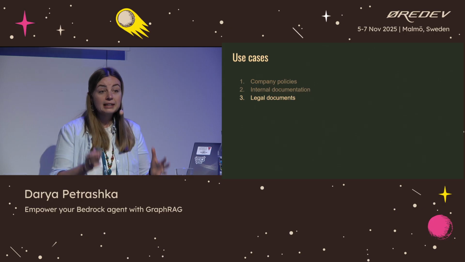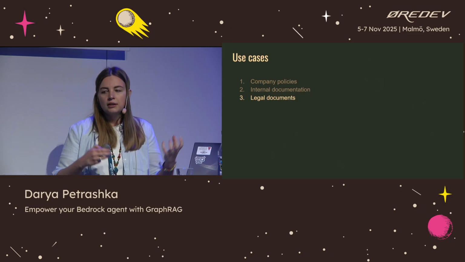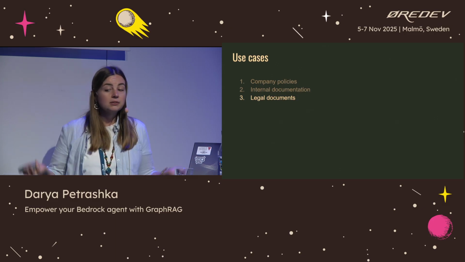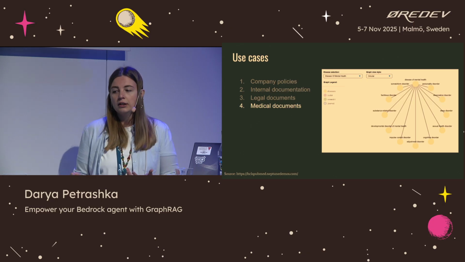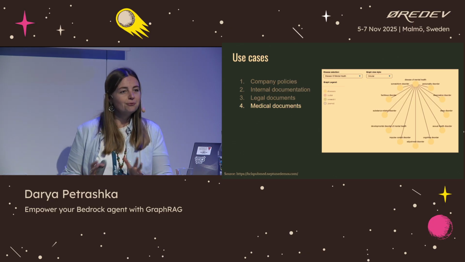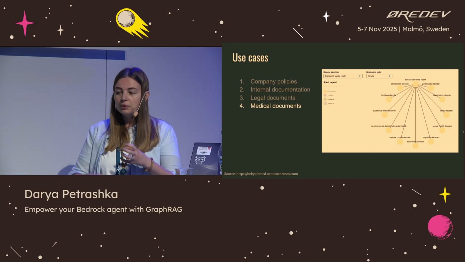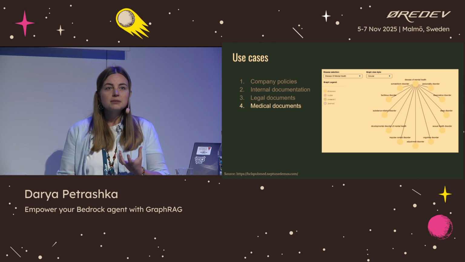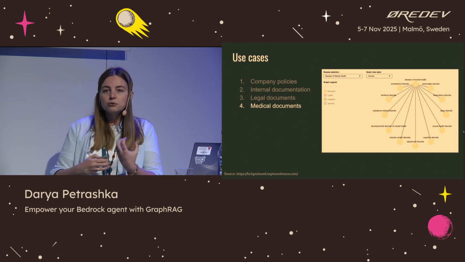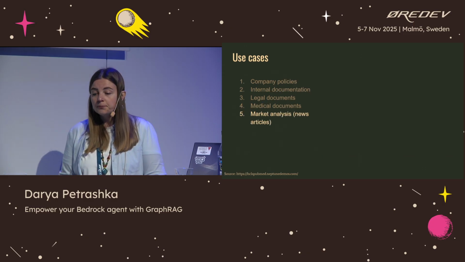And you definitely can take this part out of the documents and combine them and build a graph. And also medical documents. To be honest, I'm not really aware of medical terminology, but I can understand that there are diseases, symptoms, a lot of interconnection between them, and it also can be modeled.